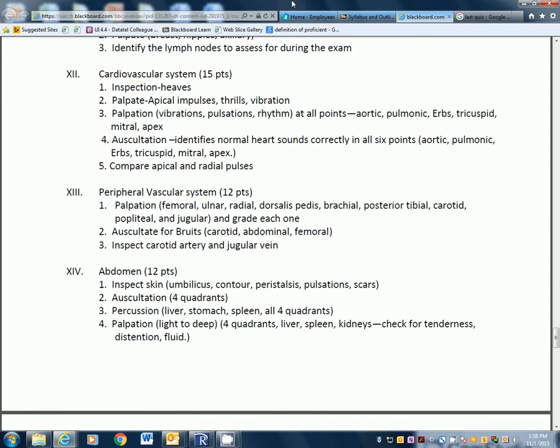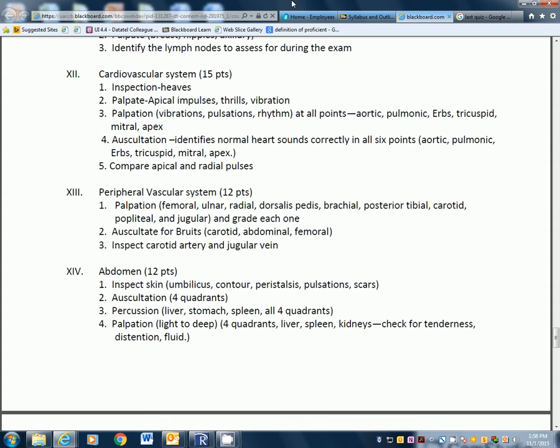Then you would go down to the fifth intercostal space, and that's your tricuspid, at the mid-sternal border. And then the midclavicular line at the fifth intercostal space is where your mitral is. So you would palpate each one of those spaces. Then you would auscultate each one of those spaces and see what you hear. And of course, you could also do the apex of the heart. So that is the pattern you're going to be following.